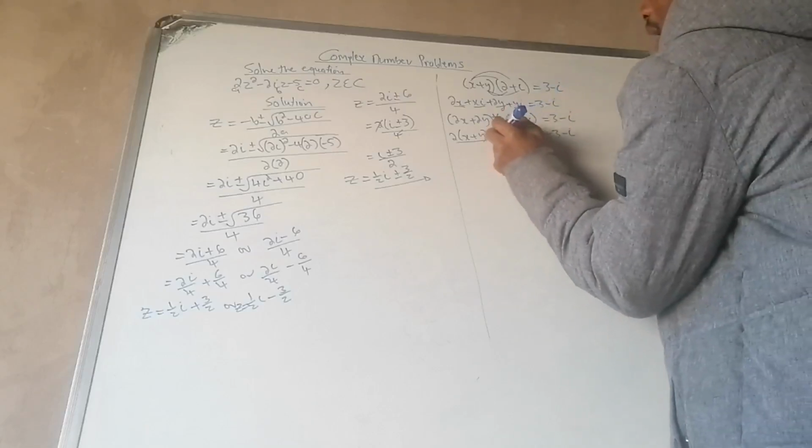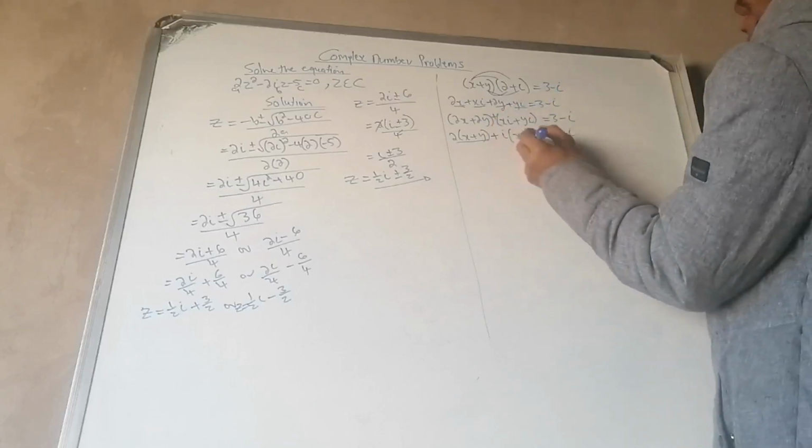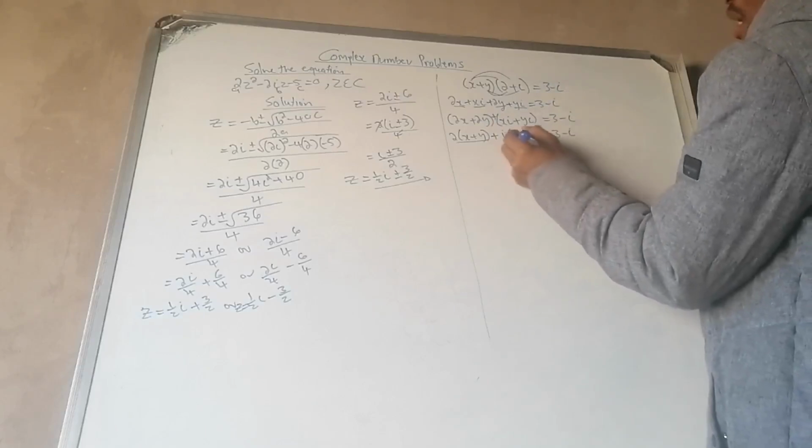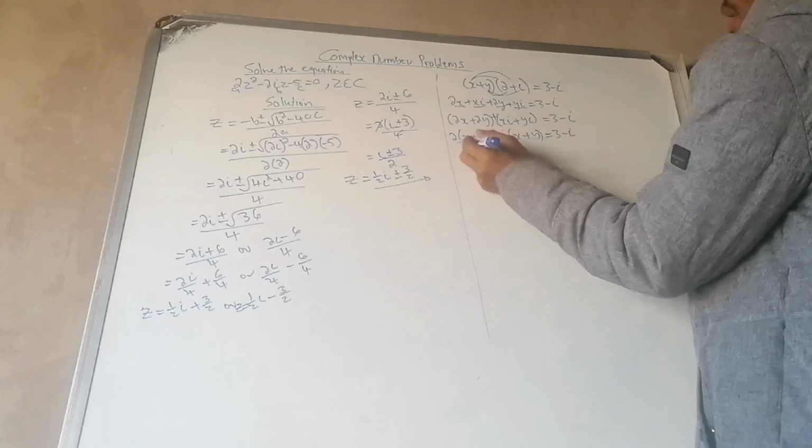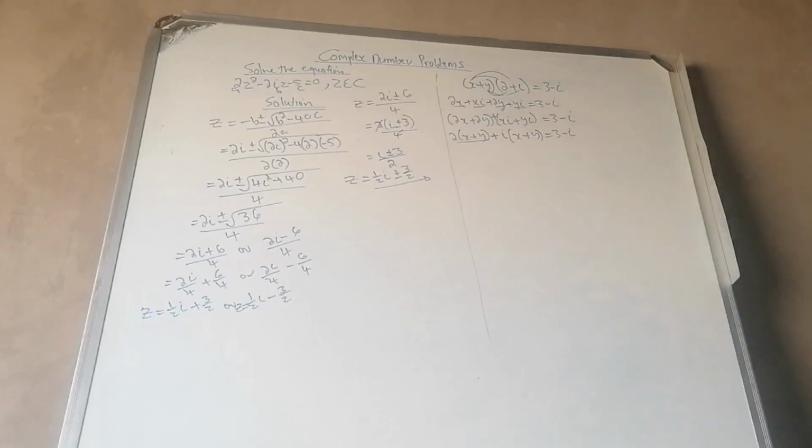Remember, this is my I. So this will represent the imaginary root, and this will represent the real root. That's one thing that I can honestly say. I can say this one represents the real root and the other one represents the imaginary root.